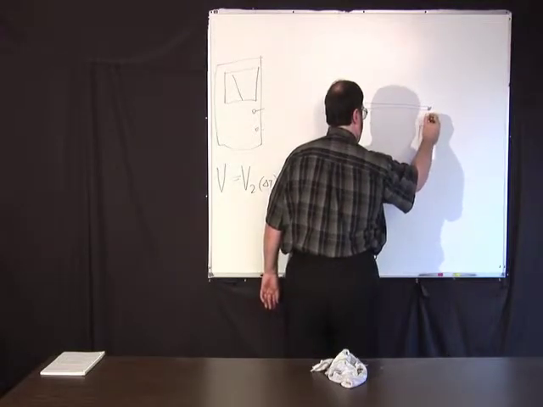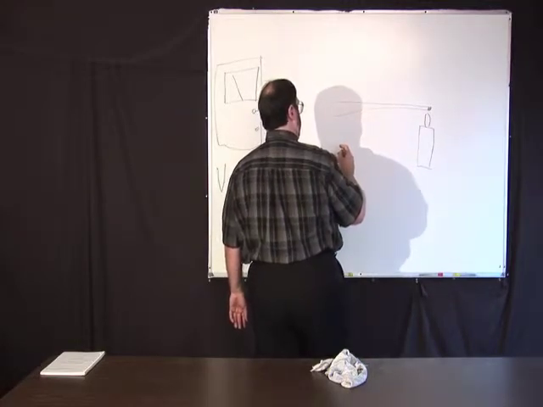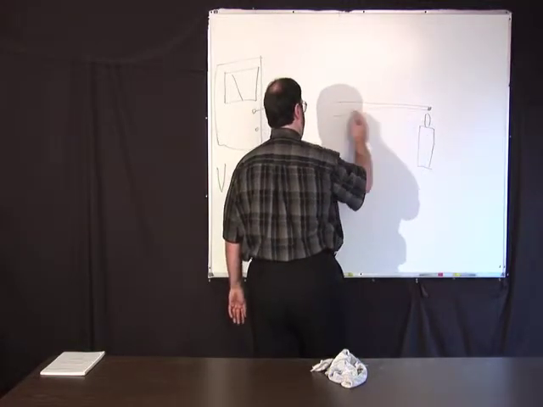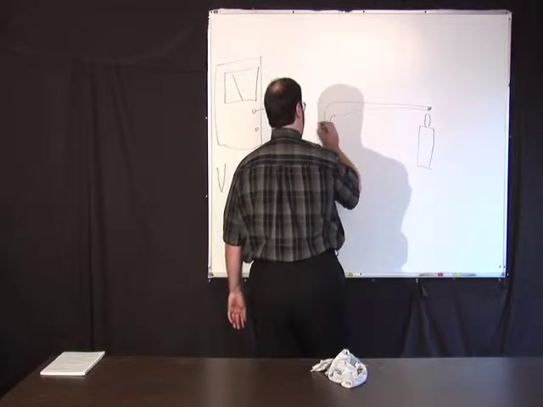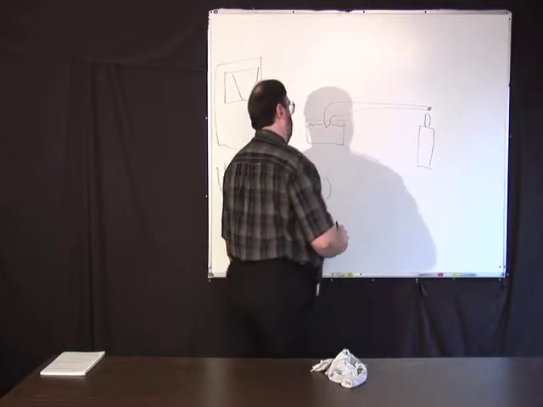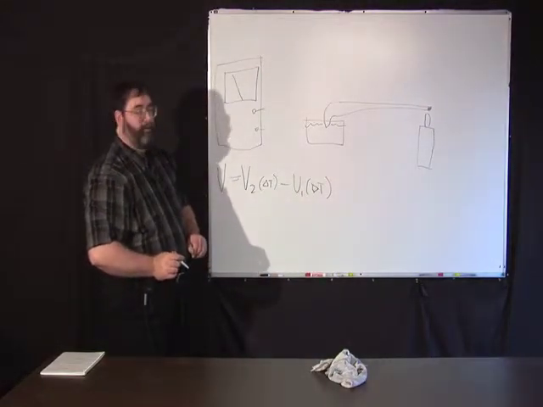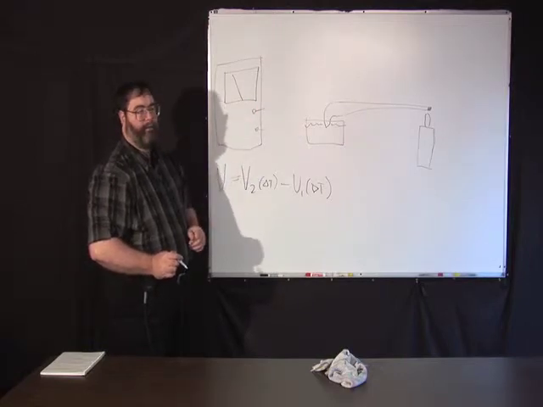You could heat one end, and you take the other end and put it in an ice bath or something. Okay, now there's a known voltage difference across that wire.